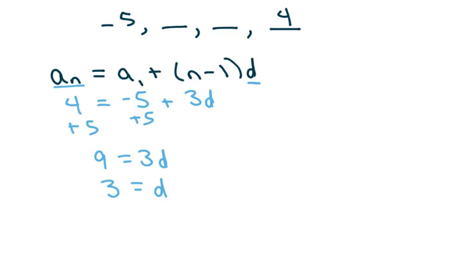And you're merely going to add 3 to -5, and that gives you -2. And -2 plus 3 is 1, and of course 1 plus 3 gives you your 4. And it's that simple.